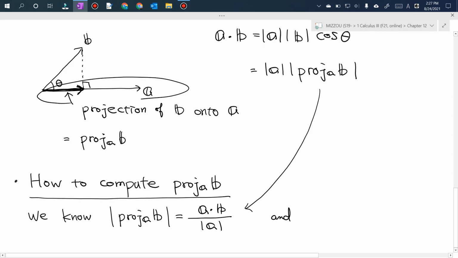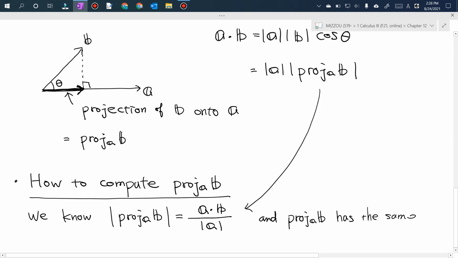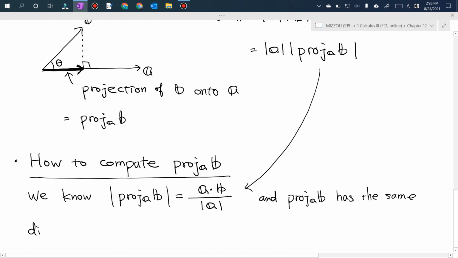From this picture, proj AB has the same direction as A. Proj AB and A are parallel to each other. They are pointing in the same direction on the same line. What does that mean?